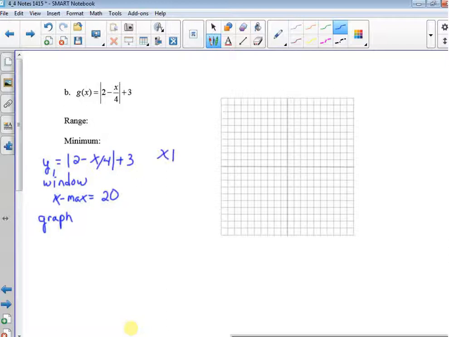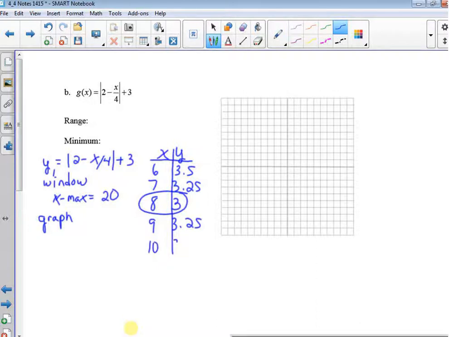And then this time when I set up my table of values, it had the rainbow effect: 6 3.5, 7 3.25, 8 3 was the minimum, 9 3.25, and 10 was 3.5.